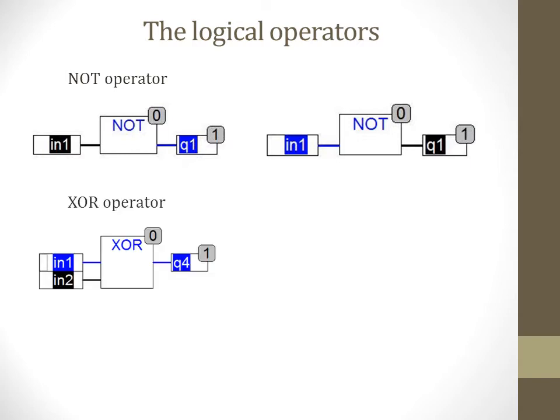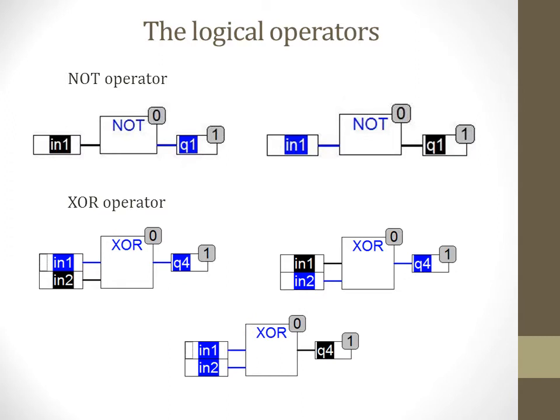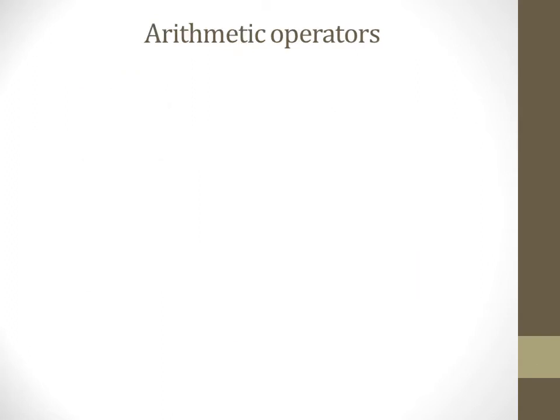So the last operator is shown in this picture, and its implementation we also can see from the pictures below. These were logical operators which we can use in programming languages of PLC.